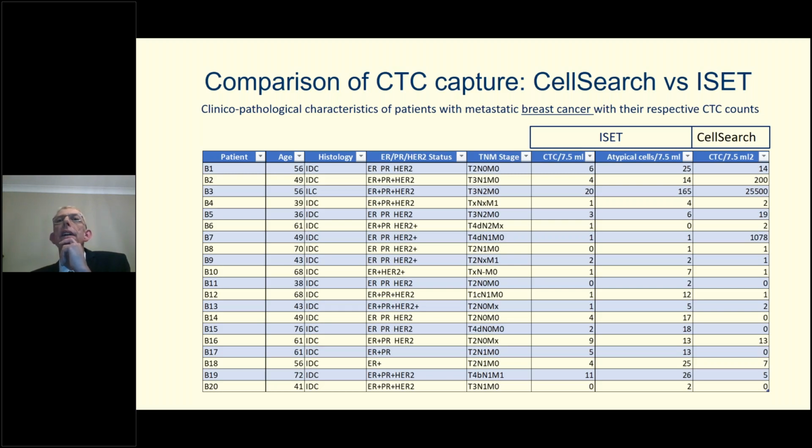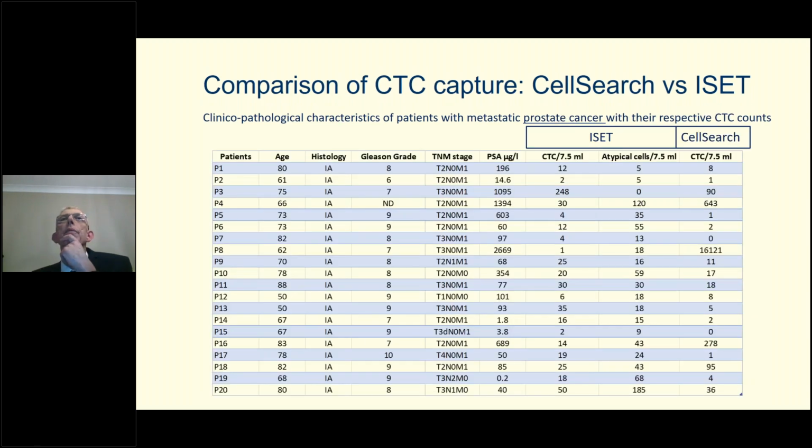But I think it fundamentally shows some of the differences in the way in which CTCs can be identified and captured and evaluated based upon the different techniques that you're using to capture your circulating tumor cells. So this is for breast cancer.